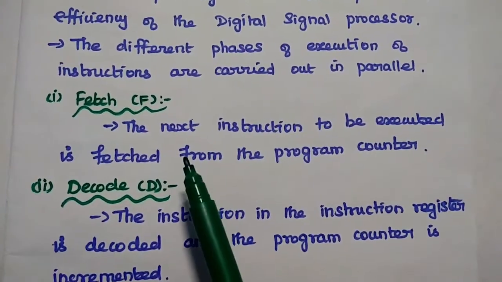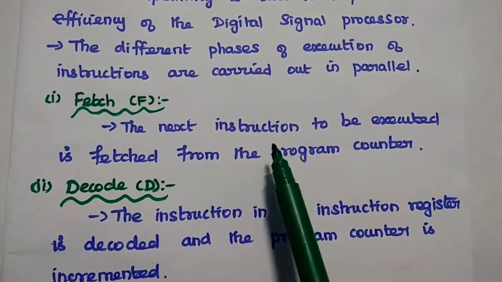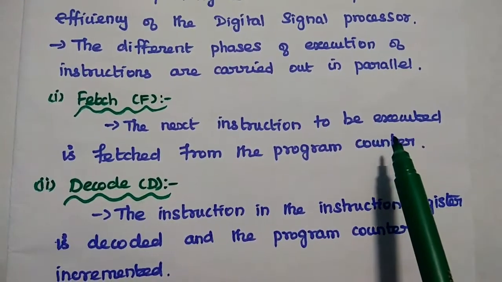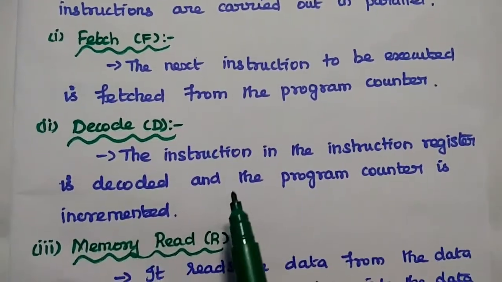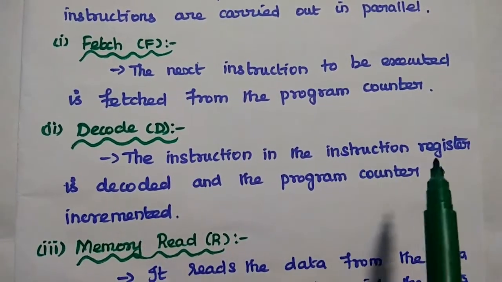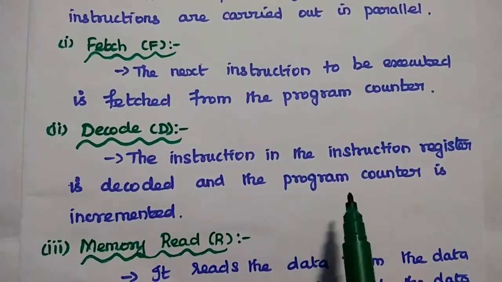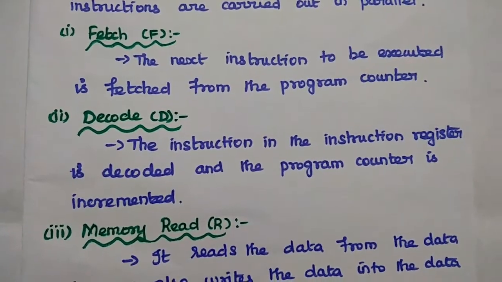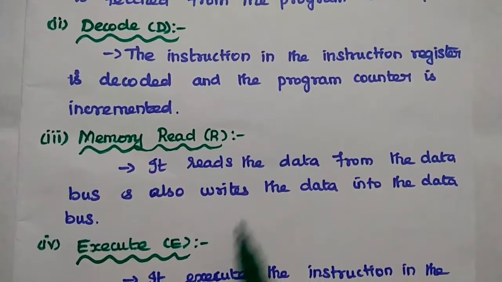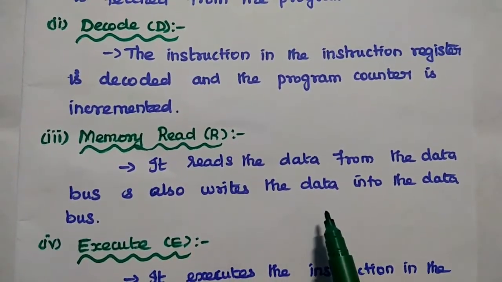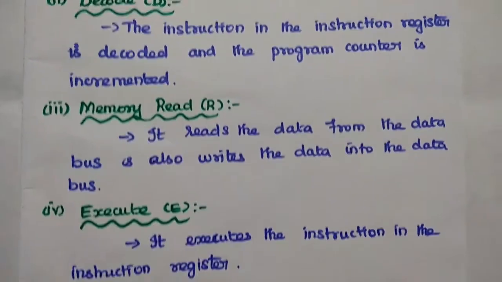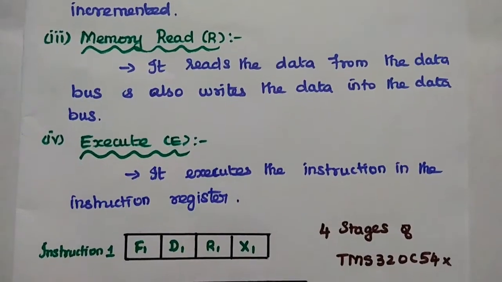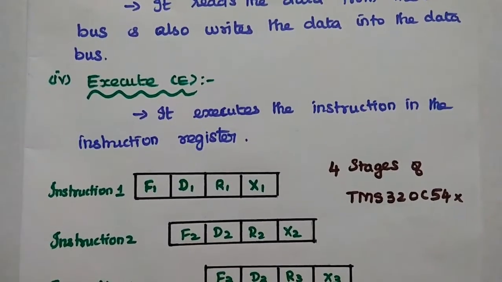Fetch means it is going to fetch the next instruction to be executed from the program counter. At the same time, the instruction in the instruction register is decoded and the program counter is incremented. Then the memory read is going to read the data from the data bus or write the data into the data bus. Finally, execution. It executes the instruction in the instruction register.